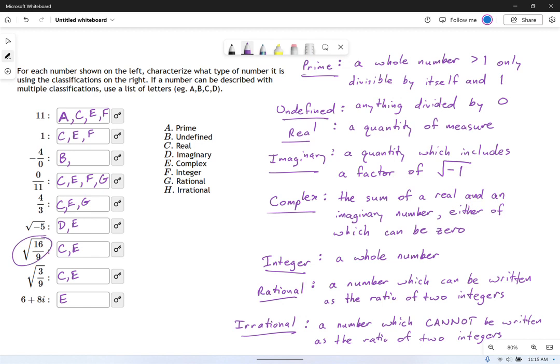This one right here, you might think, whoa, that's a square root. That's not going to be rational. But if you simplify it, you'll realize that this is just equal to 4/3. And that's rational. 3/9, not so good. If you simplify that, the best you can get is the square root of 1/3, and that is not rational. So there's my list of rational numbers.